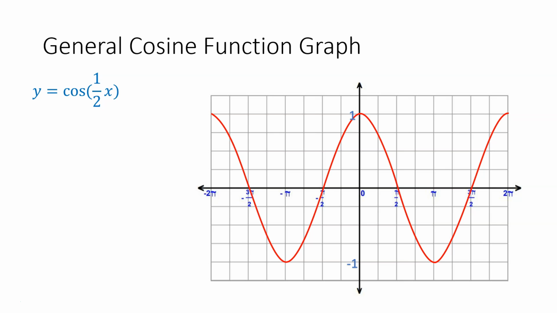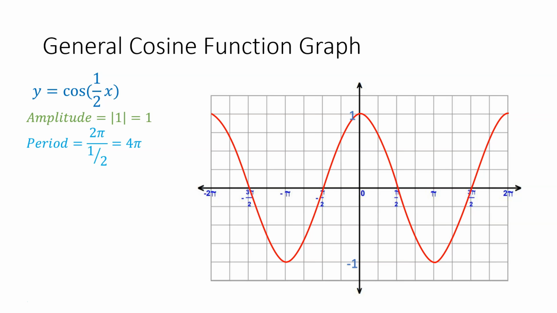If we have a fractional b value, so in this case y equals cosine of 1/2 x, we're going to have a very similar thing happen, other than instead of a compression, we're going to see it stretch. The amplitude remains 1. Our period length now is taking 2 pi divided by 1/2.